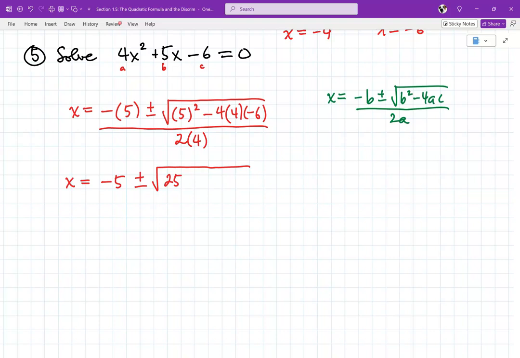Negative 16 times a negative 6. So 16 times 6, what is that? That's 96. It's positive 96 because it's a negative 4 times a 4 times a negative 6. So two negatives will eventually multiply. Okay? So it's 96, all divided by 8.